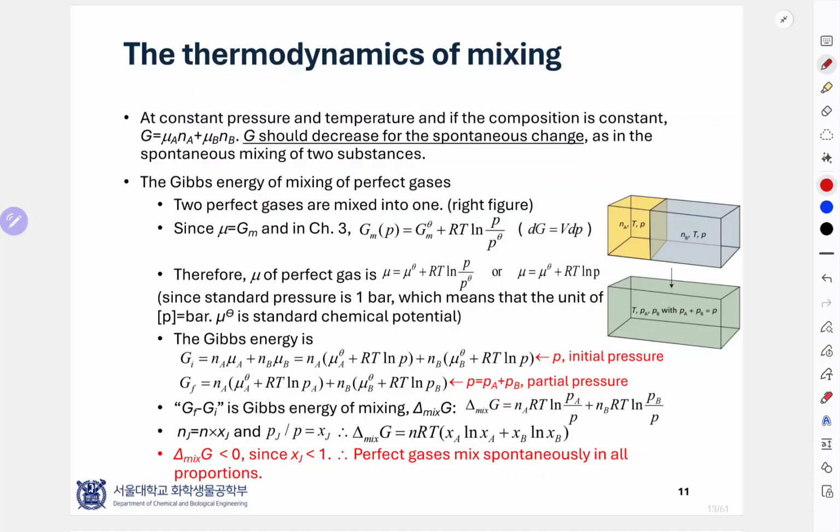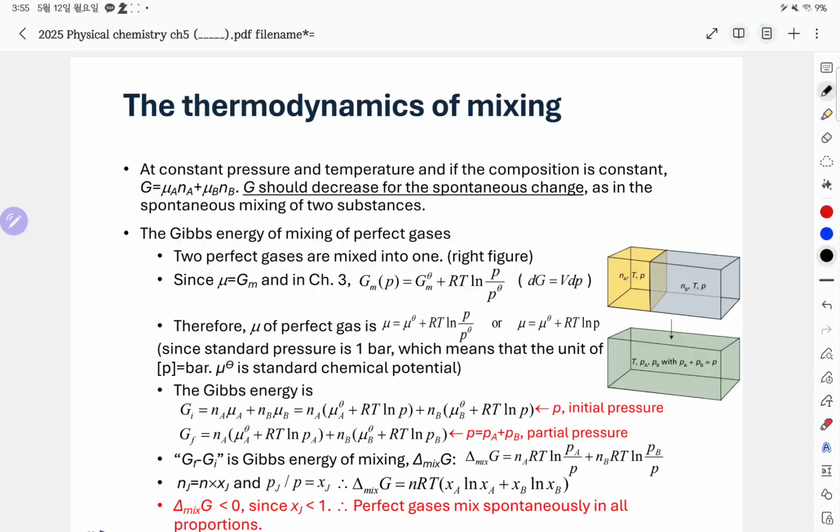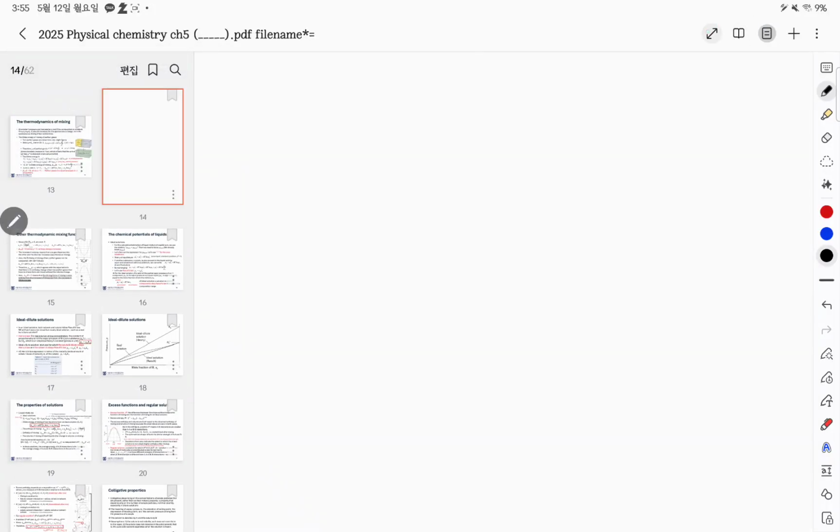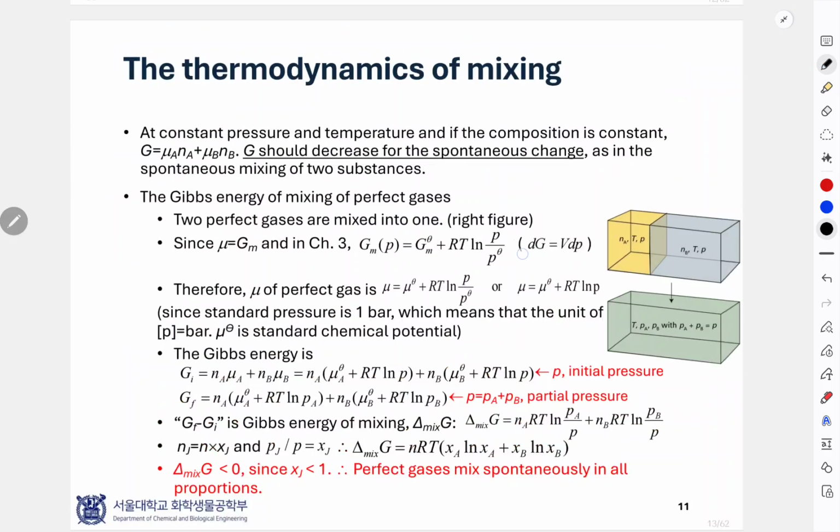Let's say that if we want to get the Gibbs energy at some final pressure, it is the sum of the Gibbs energy at the initial pressure plus the integral from the initial pressure to the final pressure of V dp.